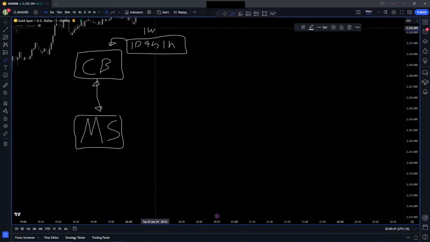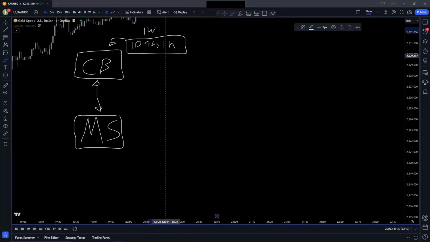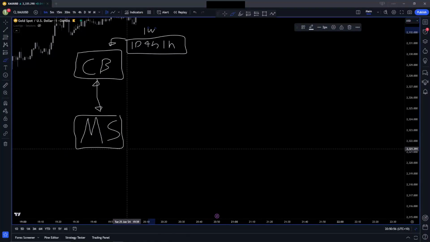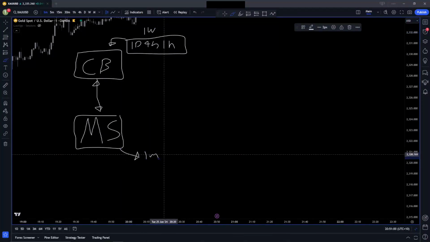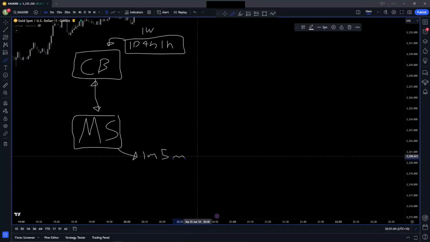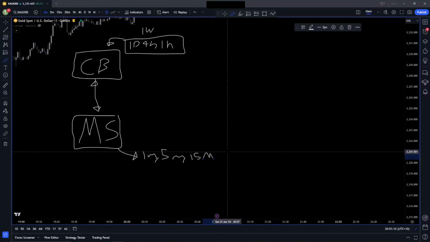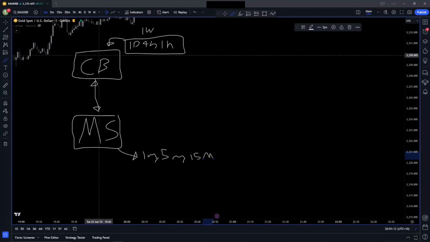Sometimes I also look at the weekly of that. But how did the previous candle close? Where are we at in this current candle, this daily candle here? Market structure wise, this is mainly 1 minute, 5 minute, maybe sometimes 15. But 15, like 30-minute, hourly, it's kind of middle time frame. But candle behavior, market structure.